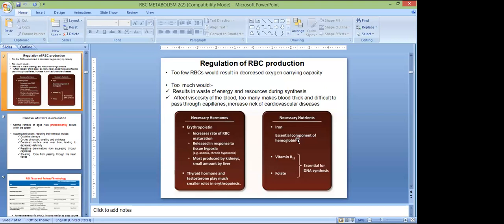So when your oxygen is low in the blood, the kidney notices this and it's like, hey, maybe it's due to low RBCs. So the kidney will produce more erythropoietin. That erythropoietin goes to the bone marrow and stimulates more production of RBCs. Then if your oxygen goes back to normal levels, the kidney will reduce the production of erythropoietin. So EPO is the major stimulus for RBC formation.